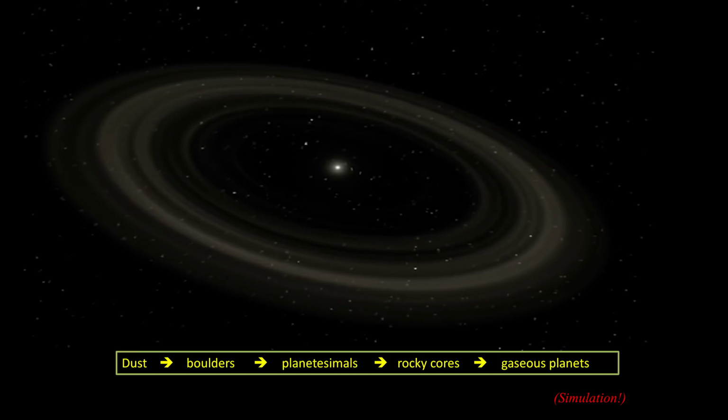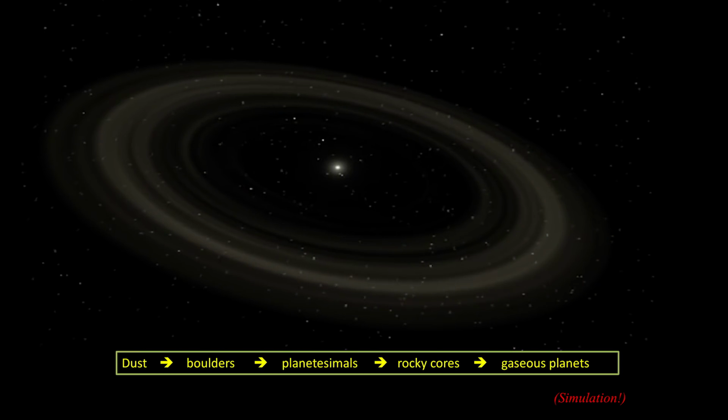Rocky cores of planets. Eventually things get together and they collide and they accumulate and they stick to each other. I've glossed over some bits of this which are really not understood yet, but this is generally the picture. And then eventually the rocky cores get massive enough and they start accreting the gas. And then you can get gaseous planets like Jupiter.